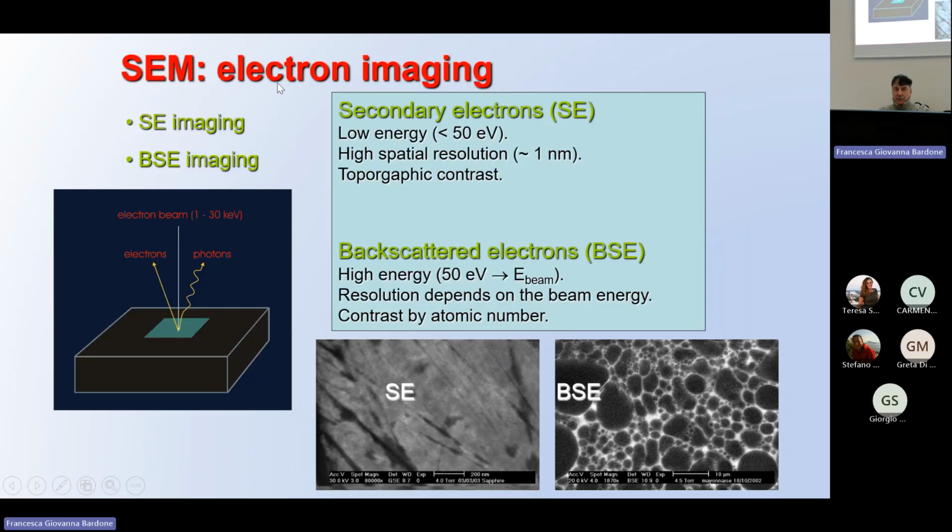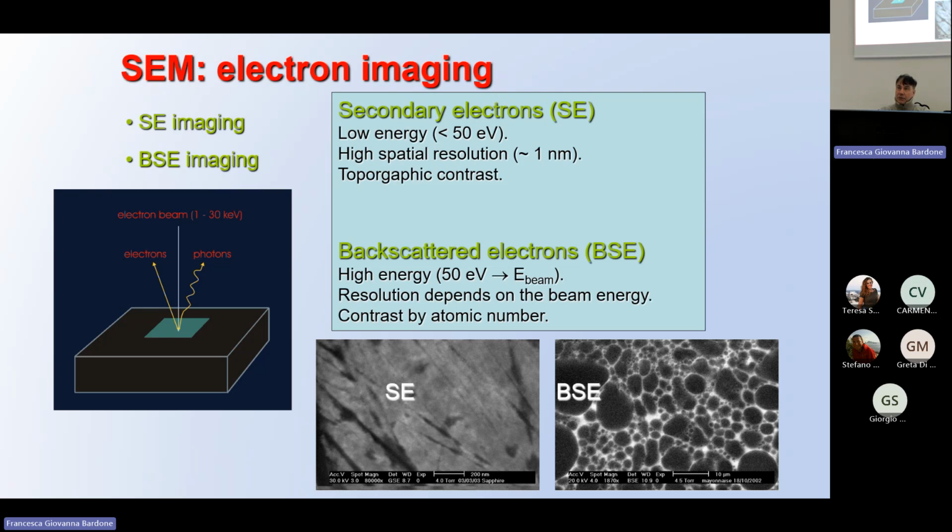To detect the morphology, you have two types of detectors. One detector is called the secondary electron detector. It is a detector which collects all the secondary electrons produced.